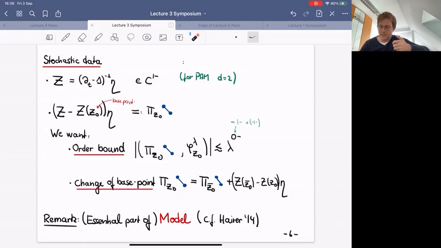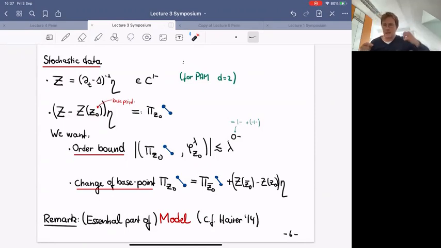But the hope is that if you just test it near that base point, then you can harvest some extra smallness from the fact that this prefactor is small near that point. And then you can hope that around this particular base point, you get a bound of order 0 minus, okay? So the -1 is the regularity of the eta, but you can hope that you harvest an extra 1, which then puts it to 0 minus.